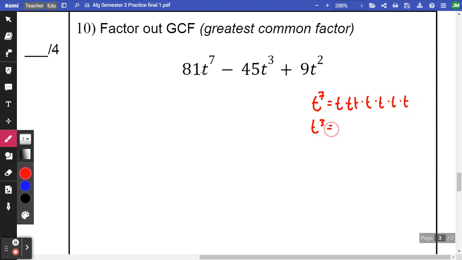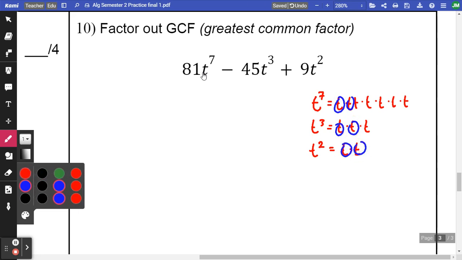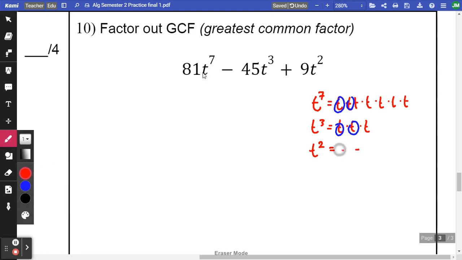T to the 3rd is t times t times t, and then t squared is just t times t. So at most, they have 2 t's, t squared. All right, so my greatest common factor between the numbers and the variables is going to be 9t to the 2nd power.